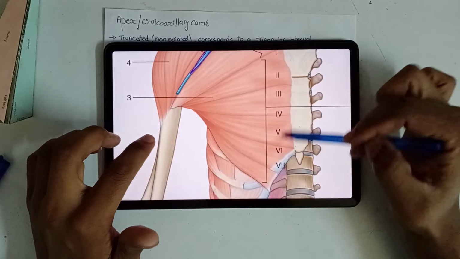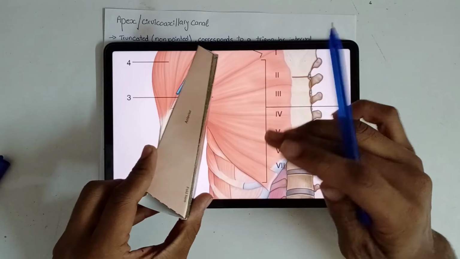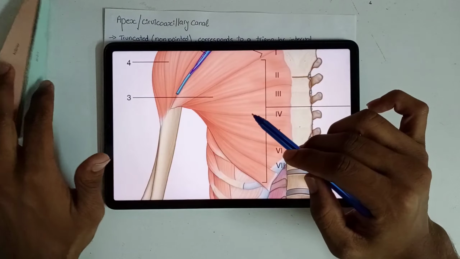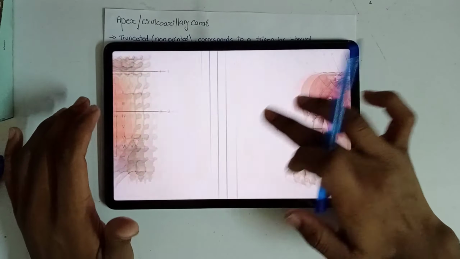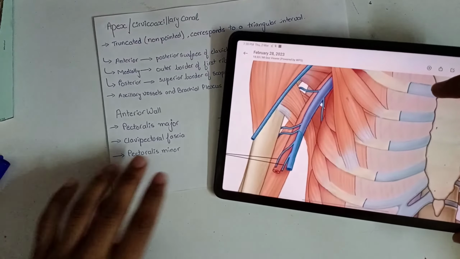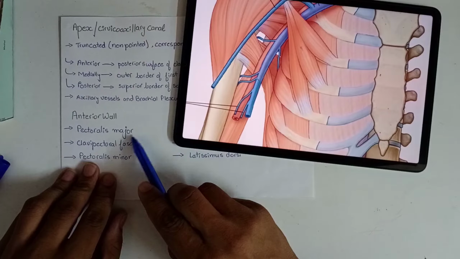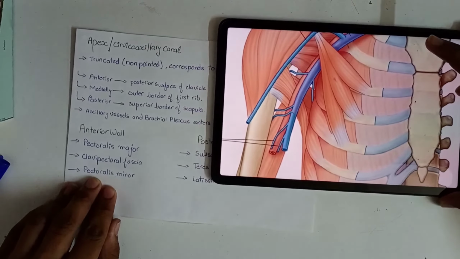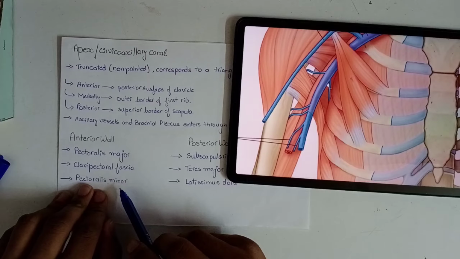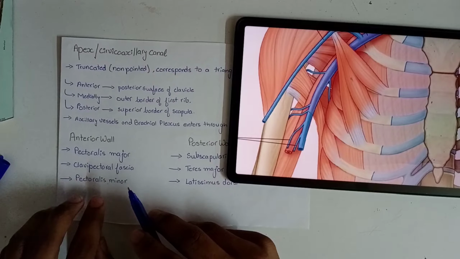This whole muscle is pectoralis major, which forms the anterior border. This muscle is pectoralis minor. So our anterior wall is formed by pectoralis major, pectoralis minor, and the clavipectoral fascia. For the clavipectoral fascia, refer to my clavipectoral fascia video.